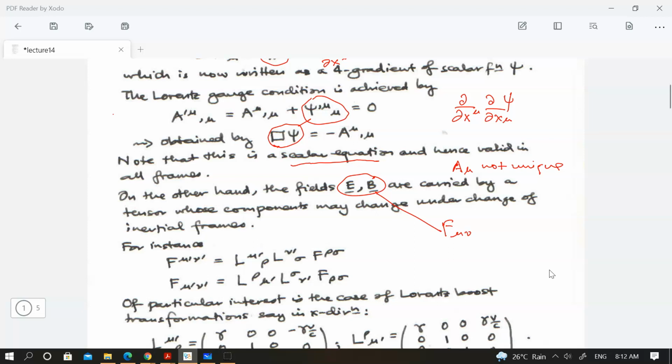Because these are tensors, you have done how tensors transform. So there are several ways to encode this idea of electric field and magnetic field. The one that we normally introduce is this covariant tensor, but you can also have the contravariant tensor, and the other thing that we also introduce is the idea of a dual tensor.